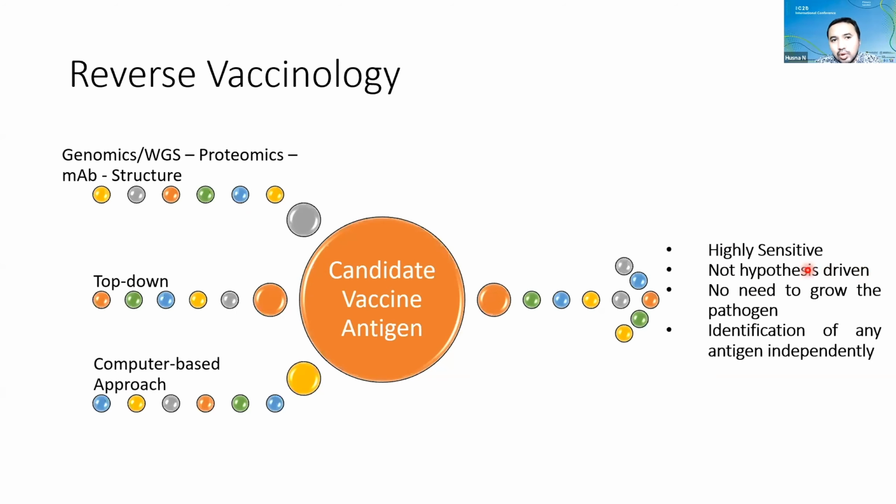So we don't know which part of the genome could have an antigenic, immunogenic, or allergenic response, but we try to analyze all the data. After we get the result, then we start to think about the hypothesis. And in this case, we don't need to grow the pathogens, and we can identify the antigens independently.